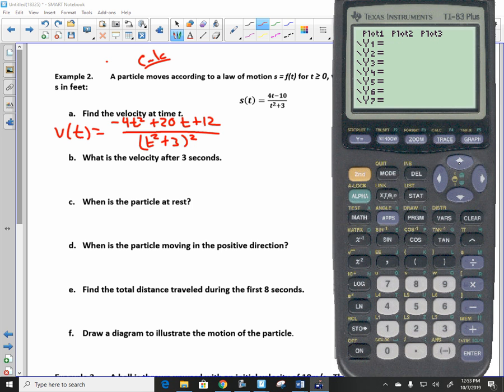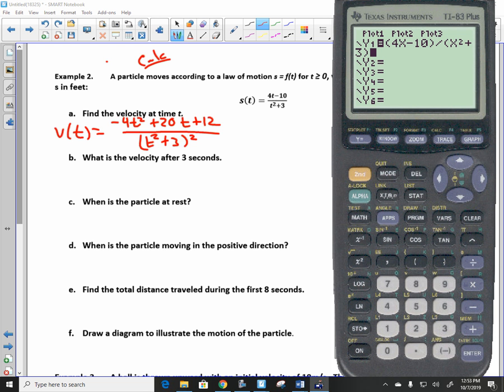So in y1, I'm going to put my original function. I got (4t minus 10) divided by (t squared plus 3). Enter your position function into y1.